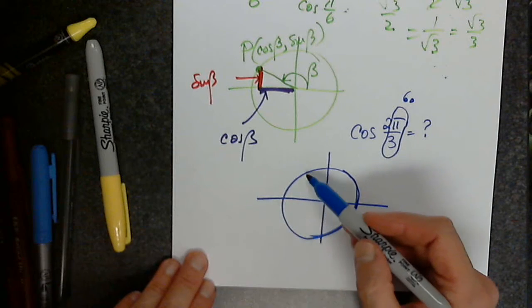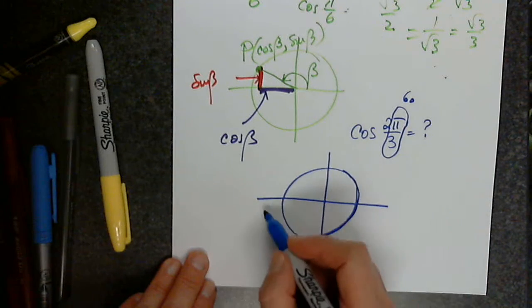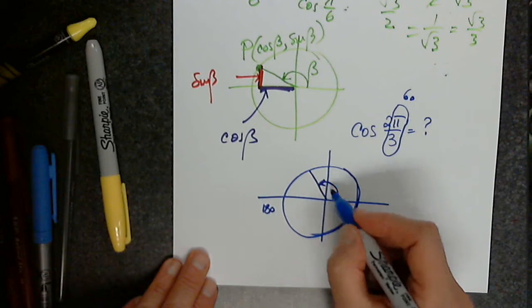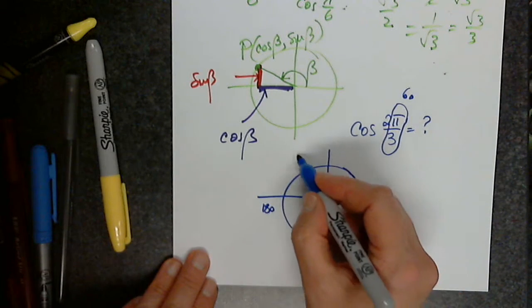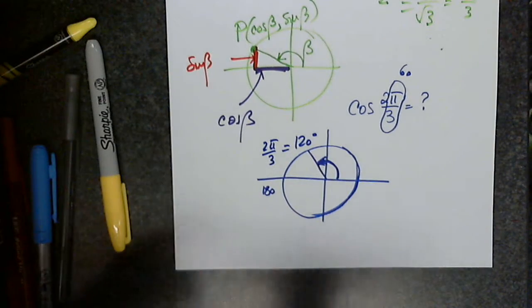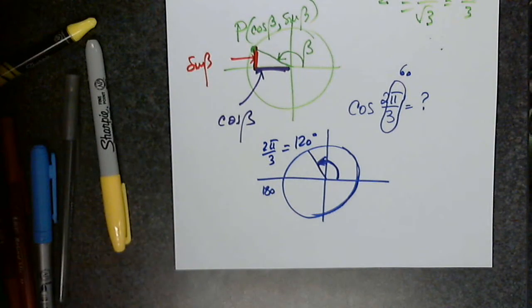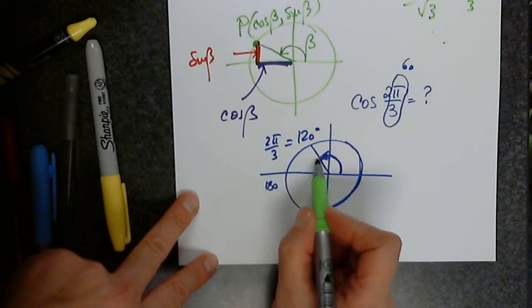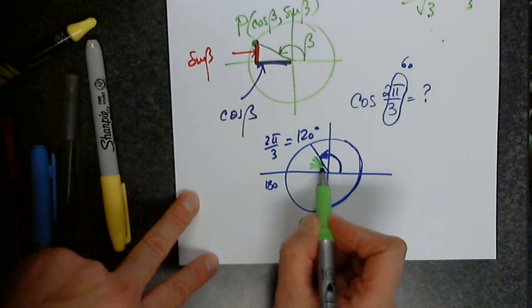So I am 60 degrees short of 180. If this is 180, this will be 120, or 2 pi over 3.